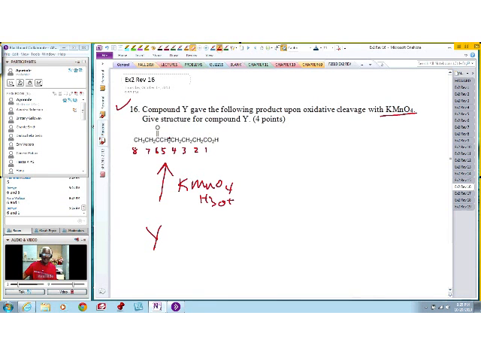Imagine that I have a double bond between carbon 1 and 6. Let me count the number of carbons here: 1, 2, 3, 4, 5, 6. So I will have a 6-member ring.